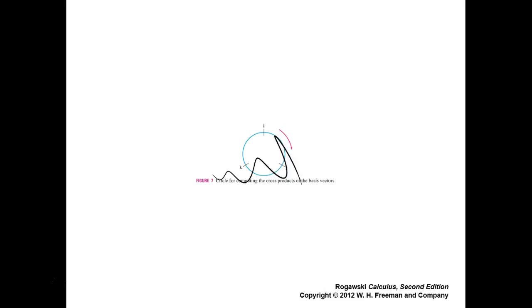Okay. So example 4. Compute this: 2i plus k crossed with 3j plus 5k.